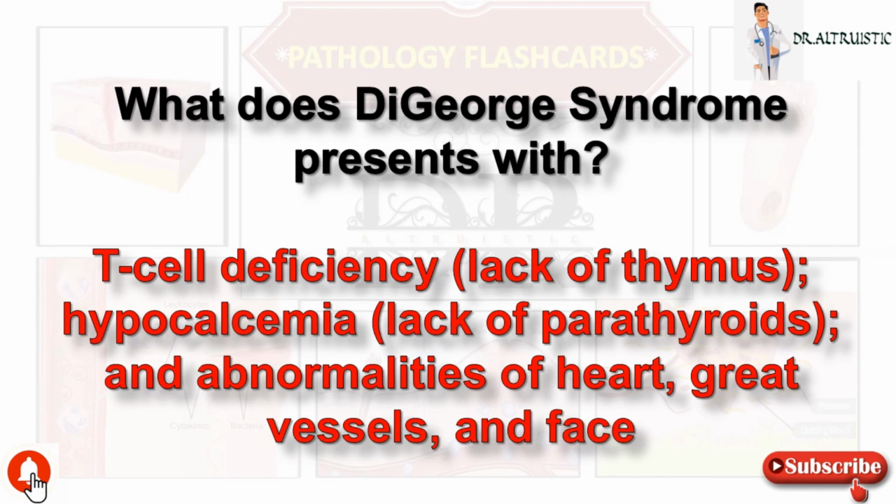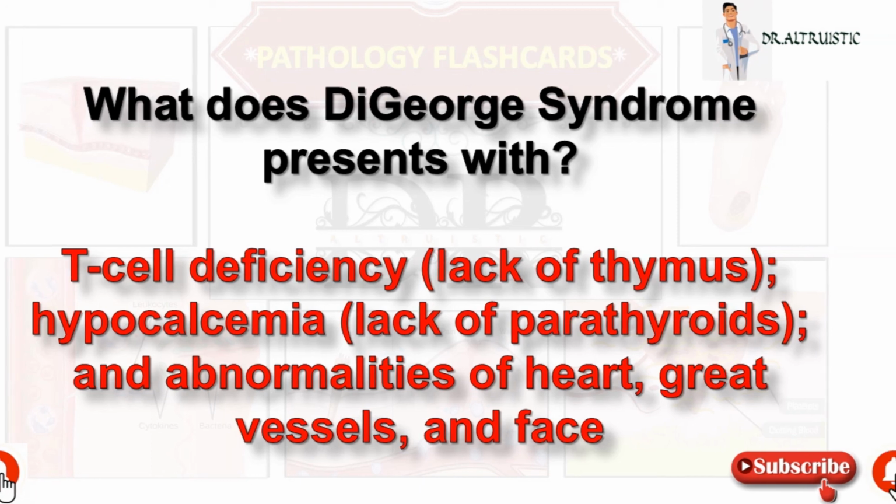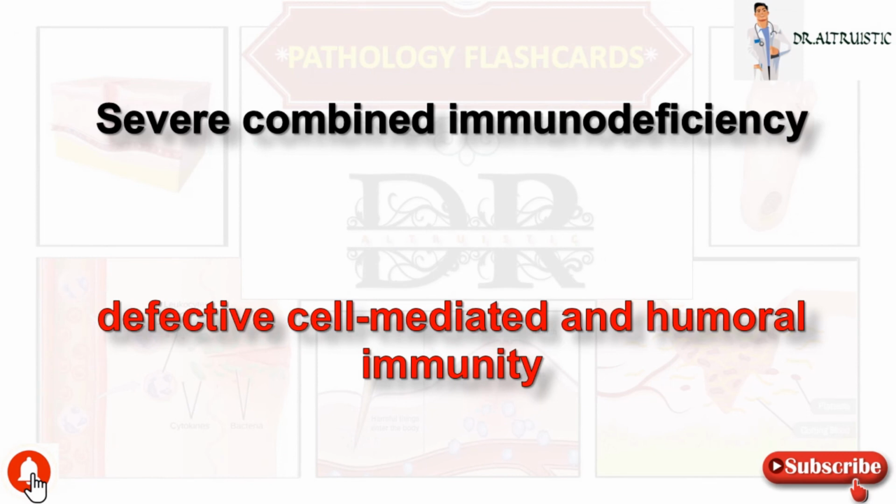What does DiGeorge syndrome present with? T-cell deficiency, lack of thymus, hypocalcemia, lack of parathyroids, and abnormalities of heart, great vessels, and face. Severe combined immunodeficiency: defective cell-mediated and humoral immunity.